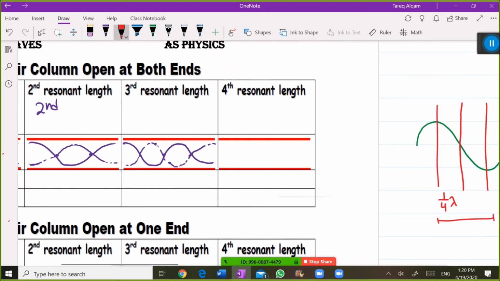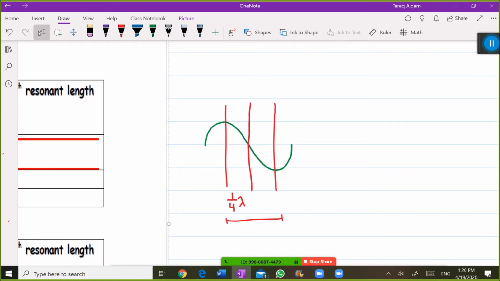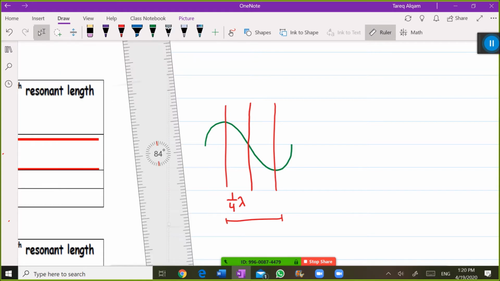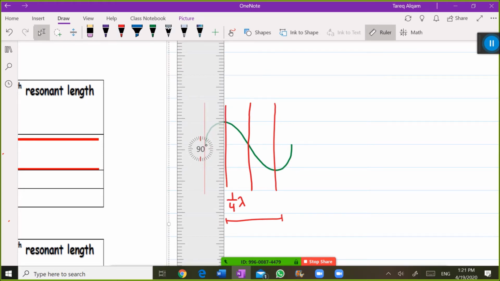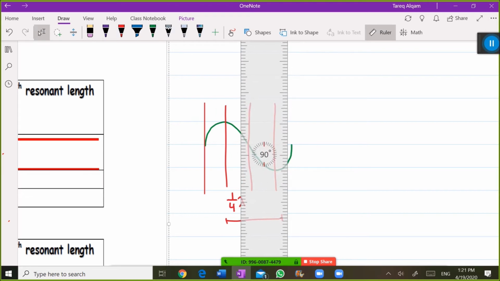Okay, now let's go back again. Let me remind you of this. Now basically, the best way, since the wave has a pattern, I can divide the wave into four main quarters, right? Like this.